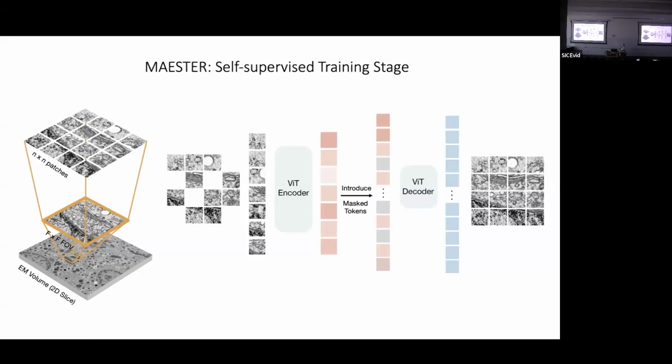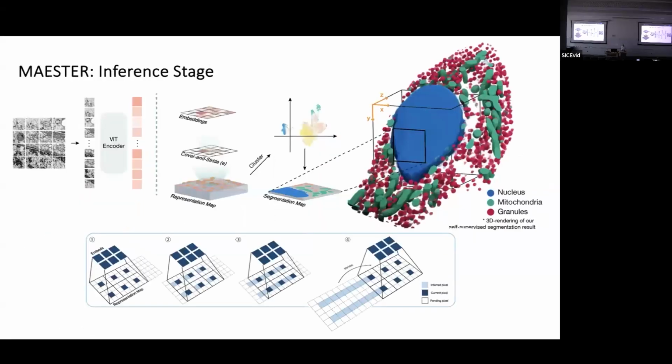Over many iterations, it learns a good encoding that helps it make an accurate encoder to decoder loop. So you can think about it as learning the essence of the data that's coming in. And then once you've learned that essence, you can do things with it. So what we do is we feed the masked images.